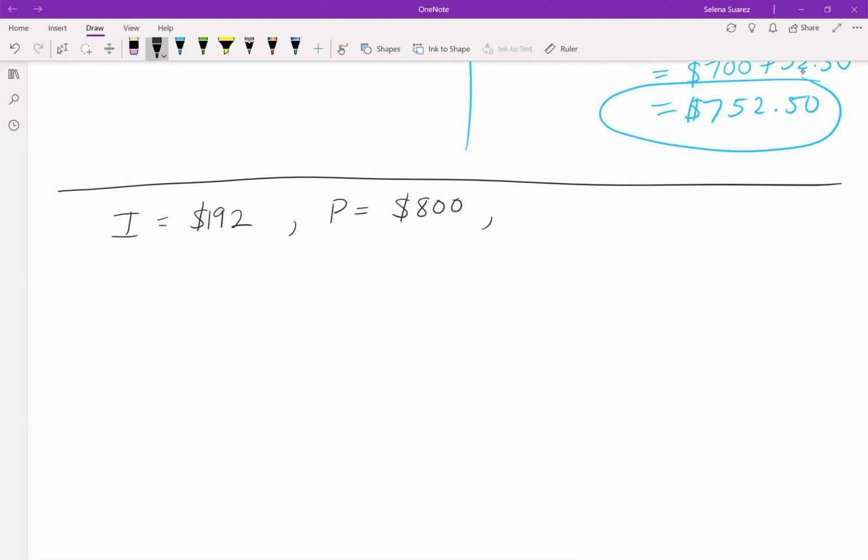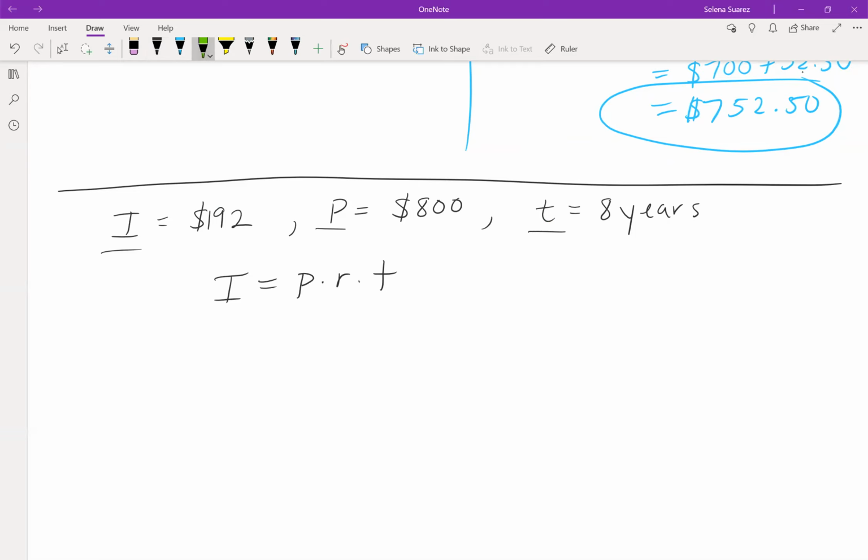And then they tell you the time is 8 years. So one of the variables is missing. If you think about the formula, I equals P times R times T, they give you I, P, and T, but they don't give you R, which is the rate. That means that's the variable we have to solve for.